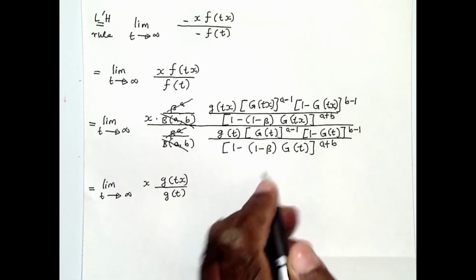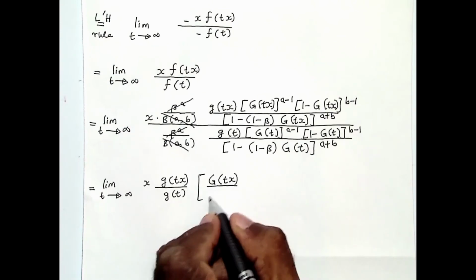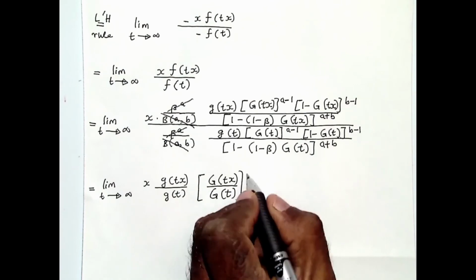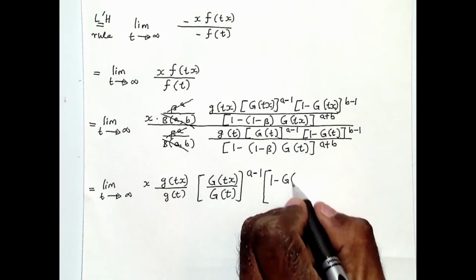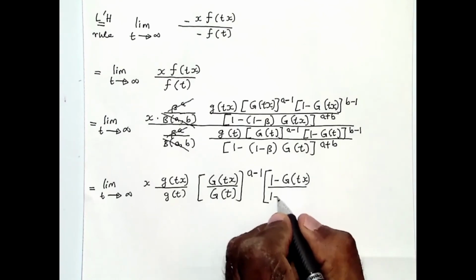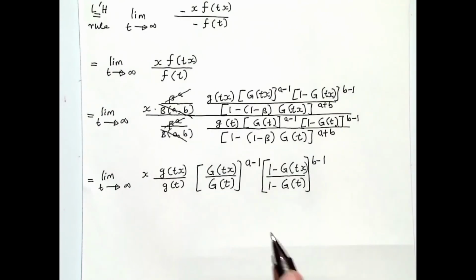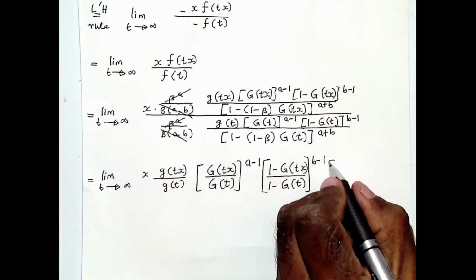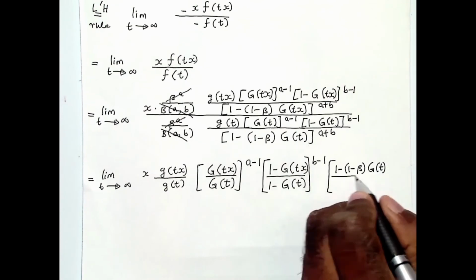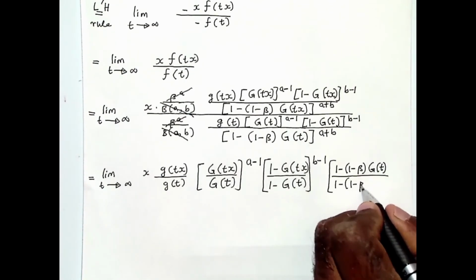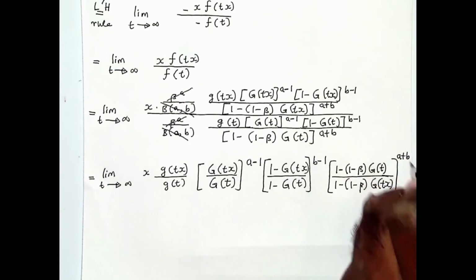Okay, these two grouped together give you, all right, and these two together give you, right, and these two together give you, all right.